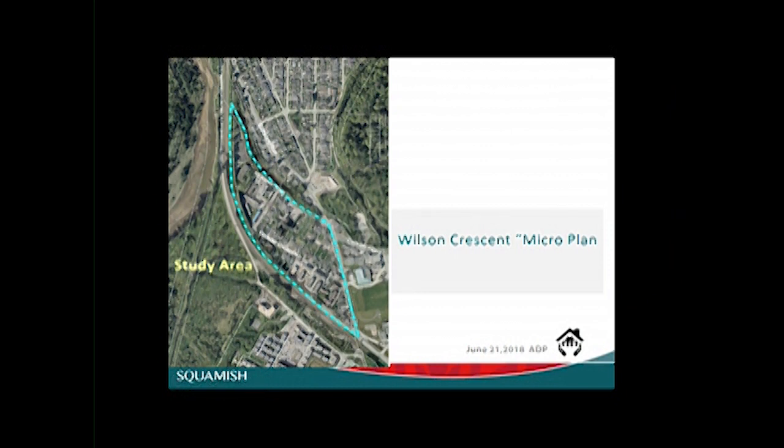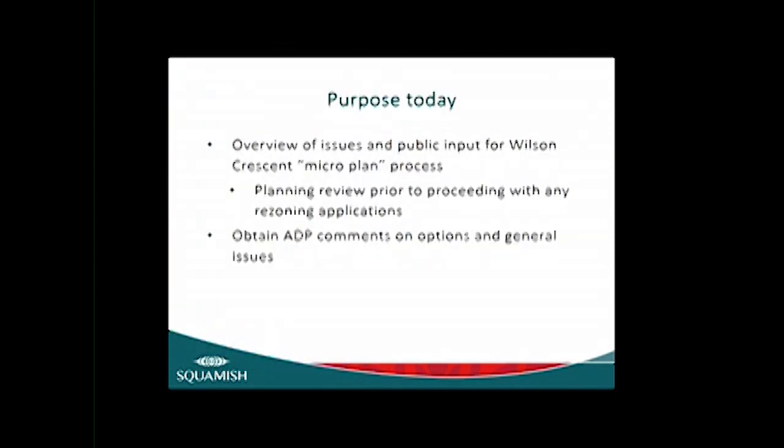So it's an area that's just north of downtown. It's not formally part of the downtown, but it's very much within walking distance of downtown. As Jonas mentioned, we've had a bit of a public process, which I'll mention further on, and we're looking for general ADP comments. There's no specific application, so just general responses from the ADP today is what we're looking for.